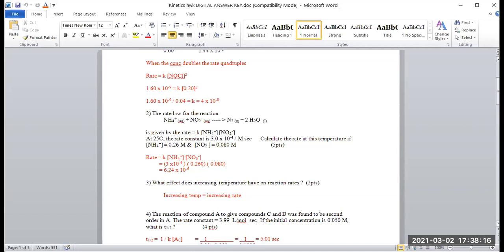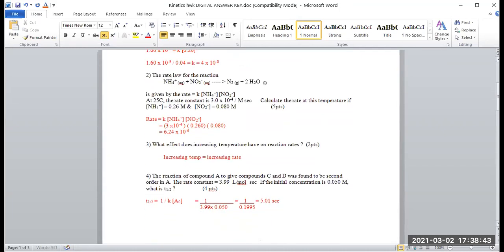And actually, I just realized when I was typing the answer key to this, I appear to have changed by accident my subscript here. Let me see if I can fix this. It's supposed to be nitrite, not nitrate, was 0.08. All you're really doing is just multiplying your 3 values together, and that will give you a rate of 6.24 times 10 to the negative 6th.